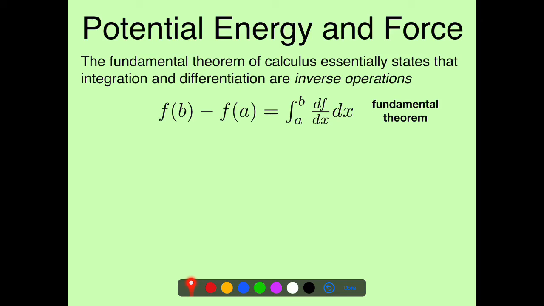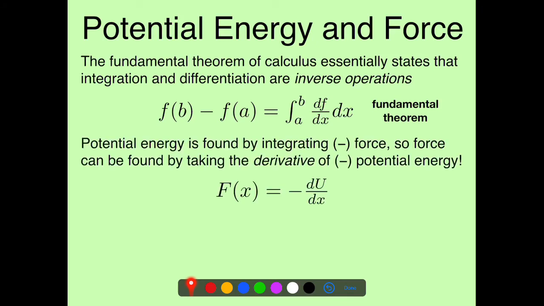So this is saying that if you take a derivative and then integrate, you just go right back to the function f you started with. That's another way of saying that taking an integral and taking a derivative are inverse operations, because one sort of undoes the other.